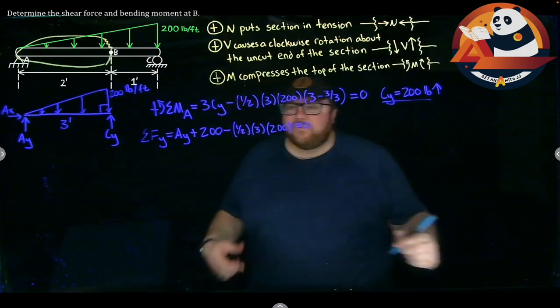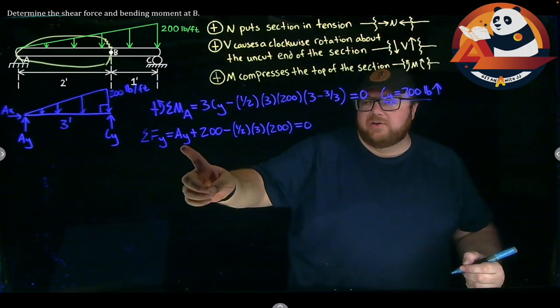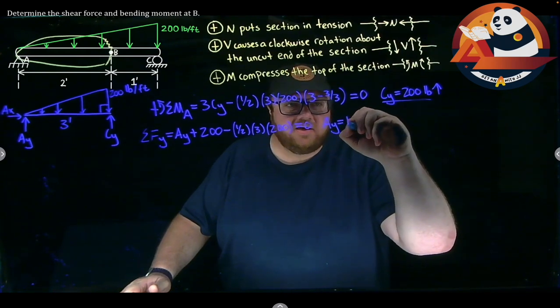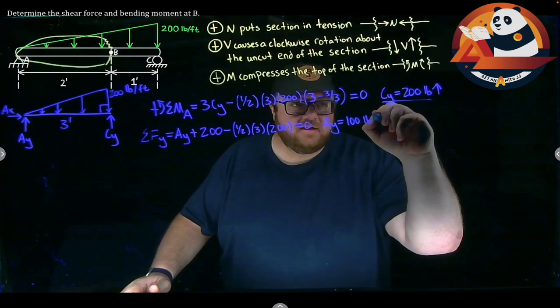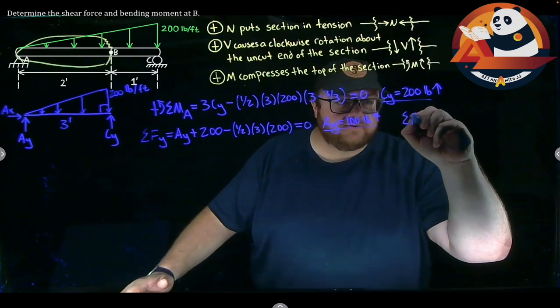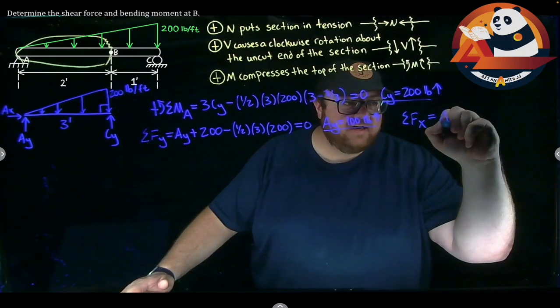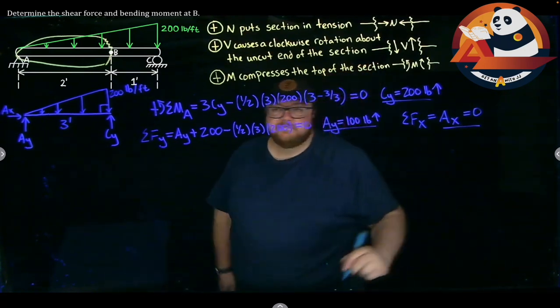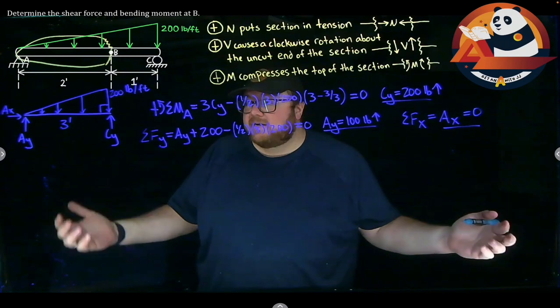If I solve for AY, my only unknown in here, I'm going to get a positive. AY is 100 pounds going straight up. Finally, I could find AX as well. If I sum forces in the X, all that I have is AX. It has to be 0. And that gets us through my support reactions.